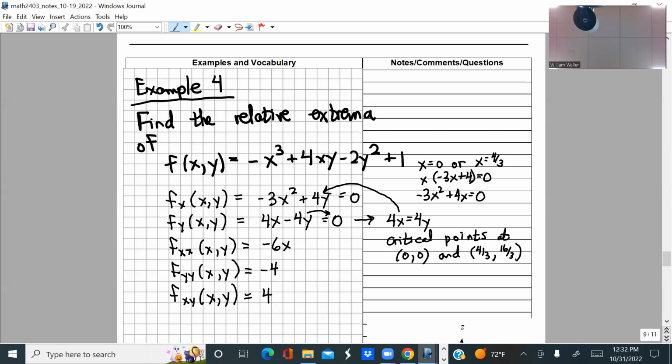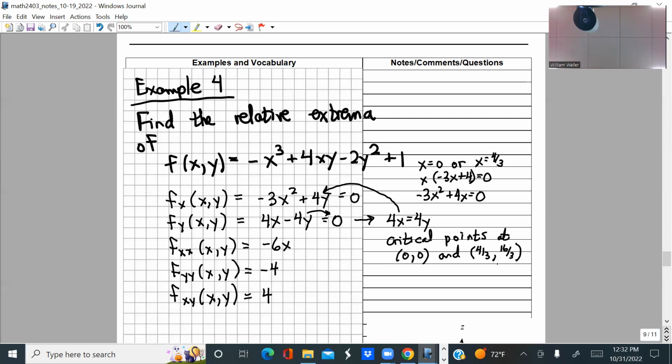Okay. Did I solve this one properly? Yeah, I think I did, right? So yeah, 4/3 and 16/3. There's our other critical point.